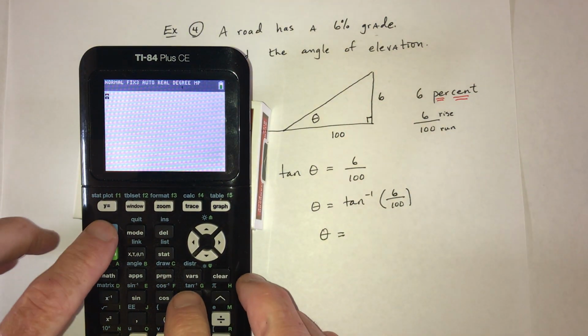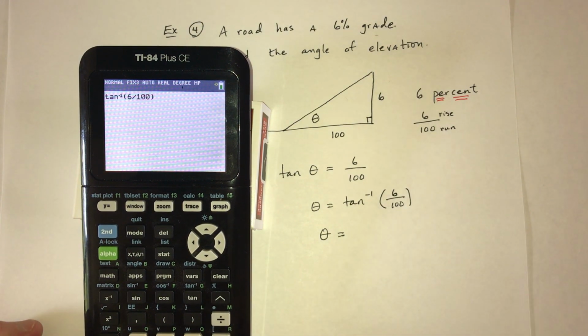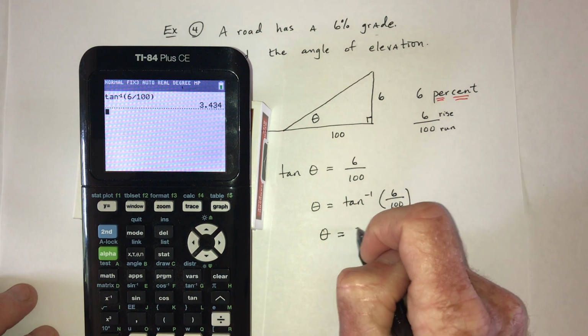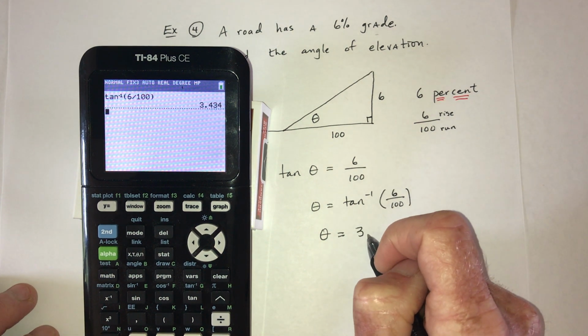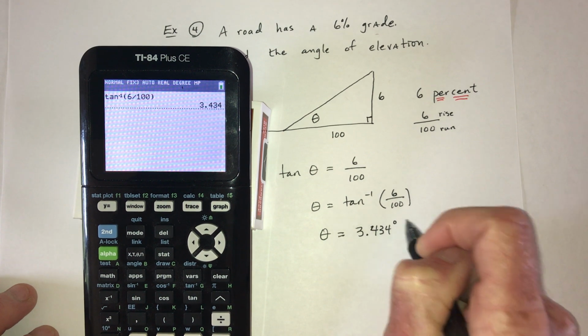Okay, tangent inverse of 6 over 100, and it equals, oh, that's a pretty cool number, 3.434 degrees.